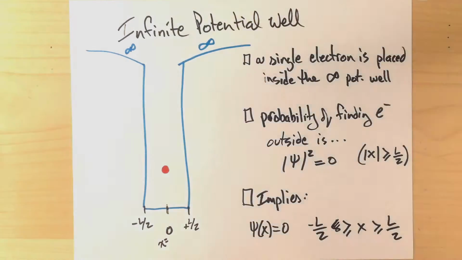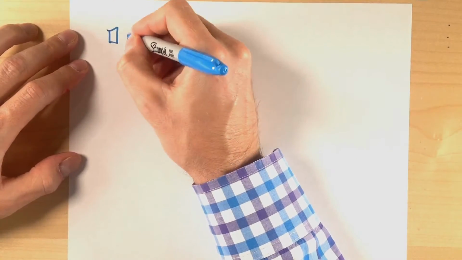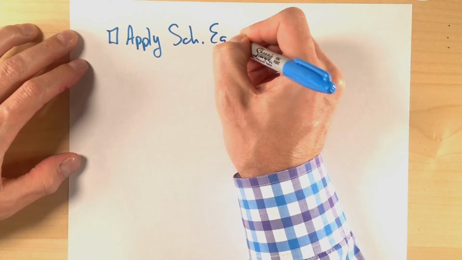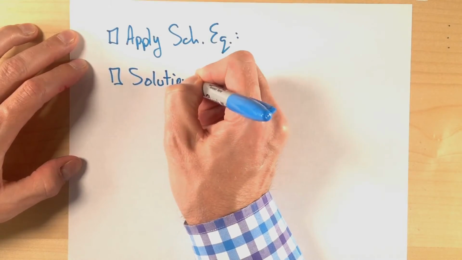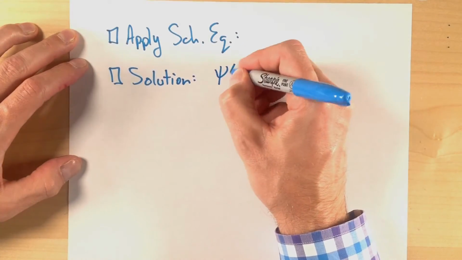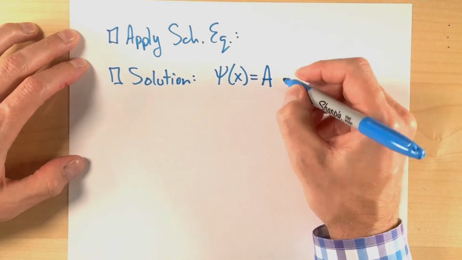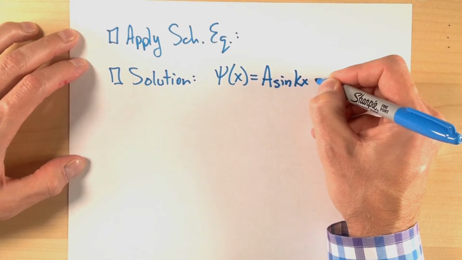Now let's apply Schrödinger's equation to this circumstance. The solutions are not that bad, but they're slightly more complicated. The solutions to those boundary conditions are something you've seen in prior classes, but I'll write them down here.